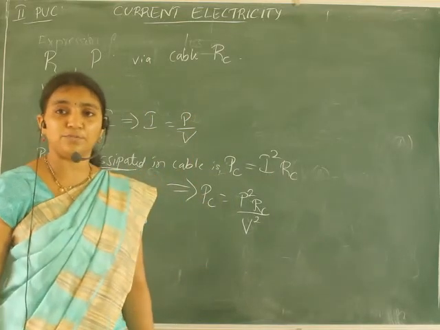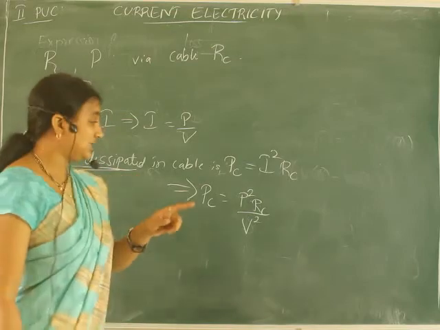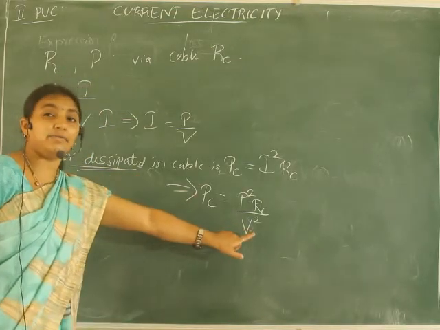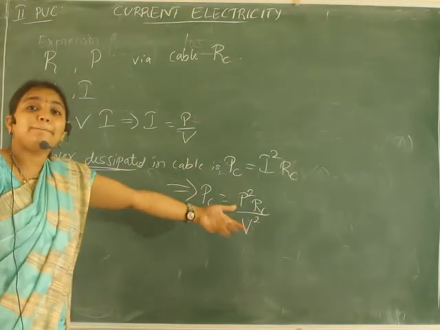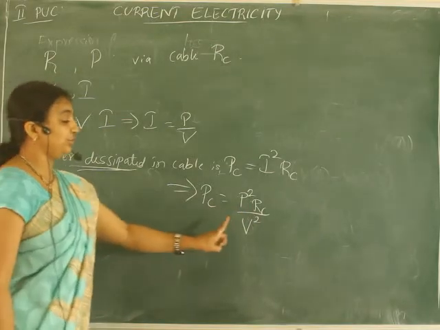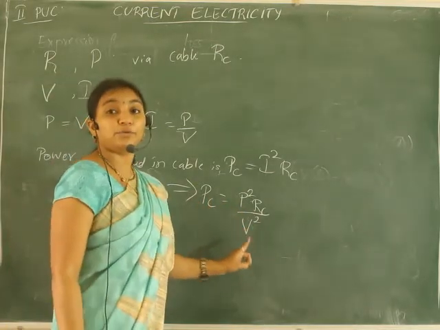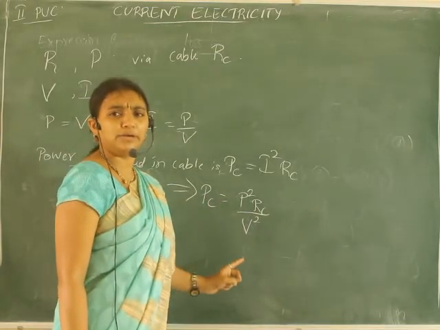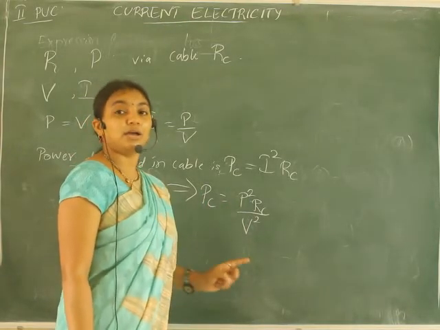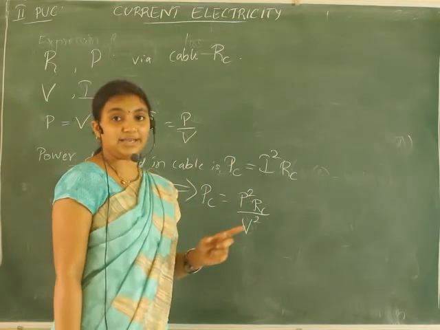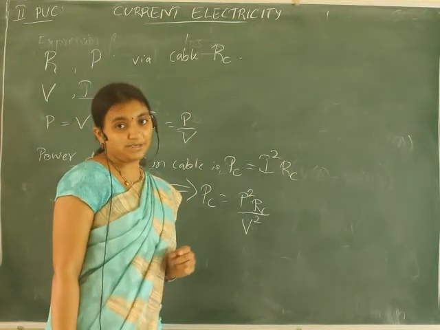Have you observed? Yeah, that is because there will be a high voltage to reduce the power loss. So to reduce the power loss in the cables, we have to produce very, very high voltage. That is why we are using high voltages for transmission.